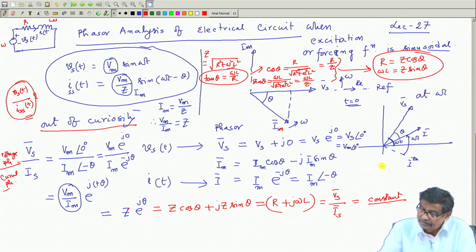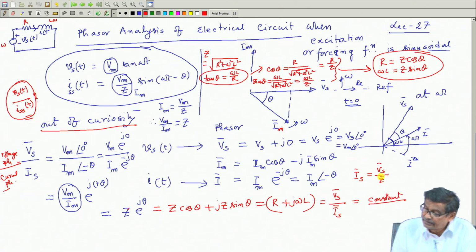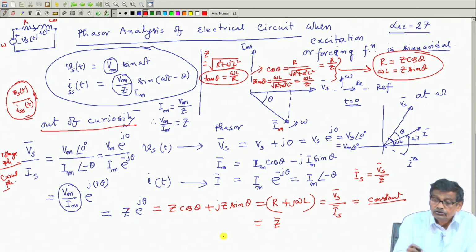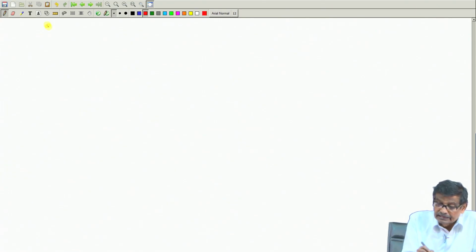So, the current phasor in the circuit will be equal to V s bar by Z, a complex number. This is called Z bar, having real and imaginary parts. To summarize, this point is important.